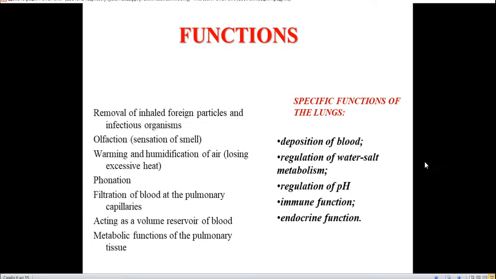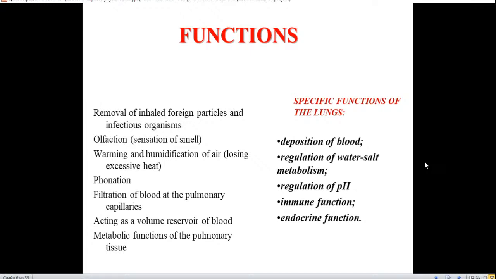So first of all, removal of inhaled foreign particles and foreign organisms, olfaction, warming and humidification of the air, phonation, filtration of blood in the pulmonary capillaries, acting as a volume reservoir of blood, so accumulation of blood can happen in the respiratory system, and some metabolic functions of the pulmonary tissue.